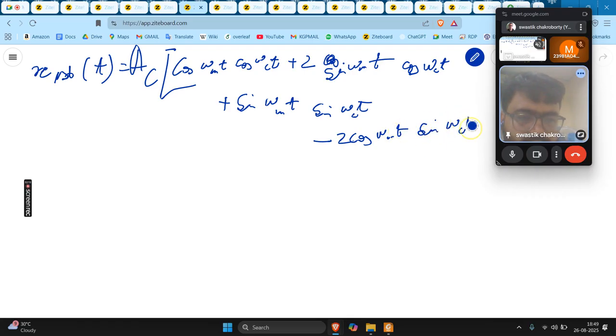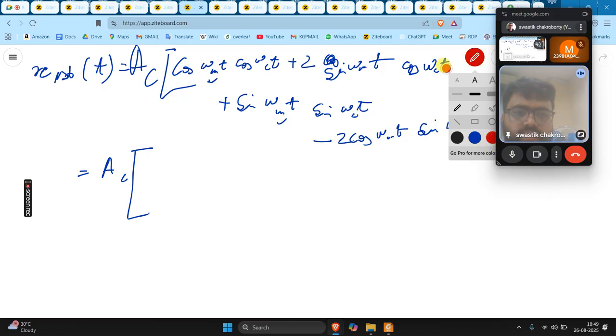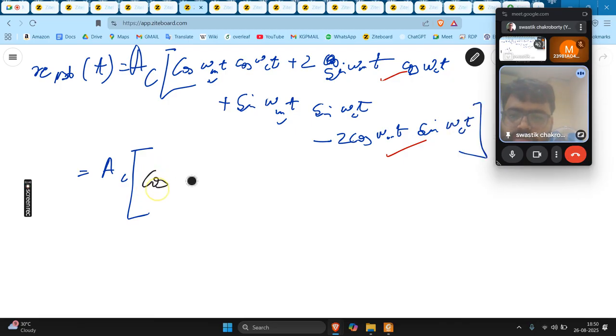Now let's group these. You have Ac times cos omega m t cos omega c t plus sin omega m t sin omega c t. These two will be one group, so this will be cos of omega m minus omega c.